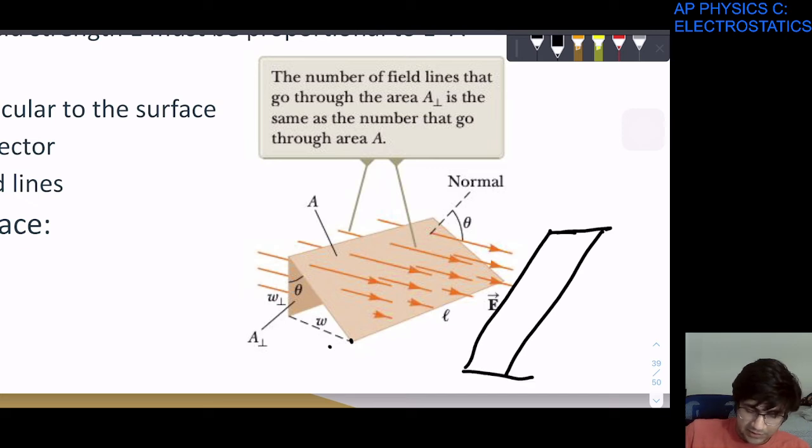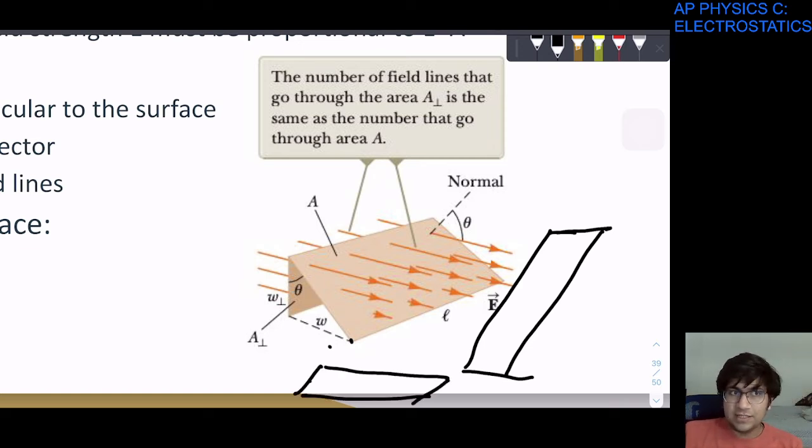And also consider a case where you hold a piece of paper horizontally. Now there's going to be different impacts, right? If you hold it vertically, perpendicular to the field lines, you're going to capture all the field lines onto your paper. If you hold it horizontally, you're not really capturing anything actually. They're just moving parallel to your surface.